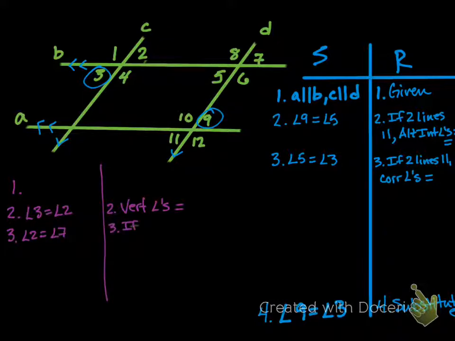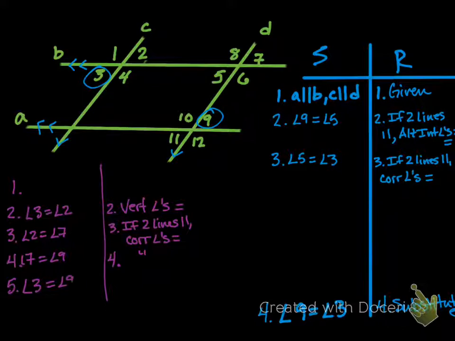If two lines are parallel, corresponding angles are equal. And then step 4 would be angle 7 equals angle 9. And then you could substitute, and this would be the same as step 3, our reason there. And then we could say that angle 3 equals angle 9 by substitution.